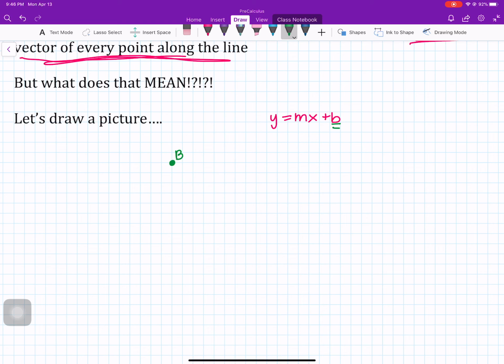So point B, we don't really want to think of it as just a point. We want to think about it as a vector. So we need a direction to go. Every single point can be written as a vector if we draw the vector from the origin.